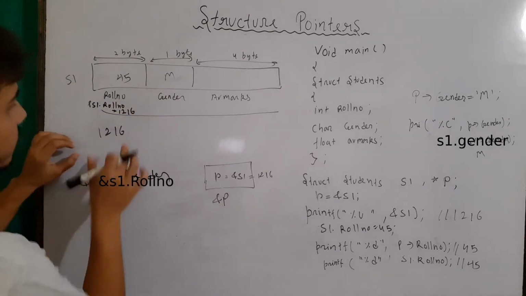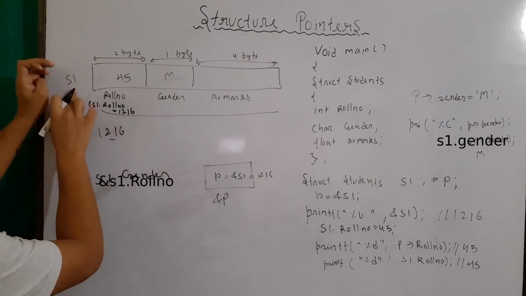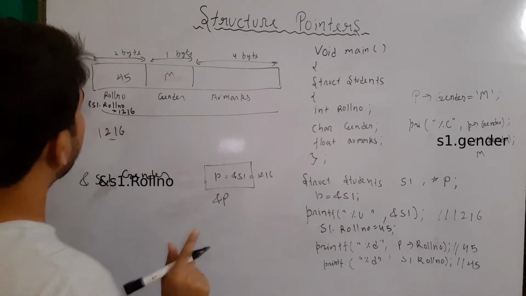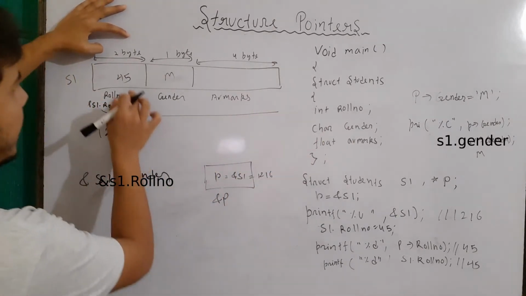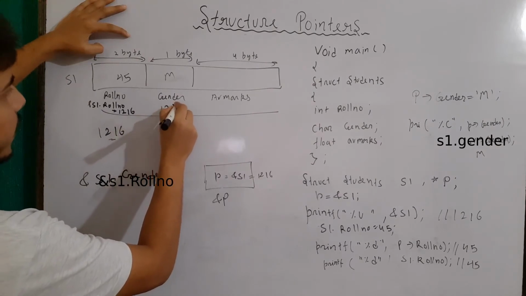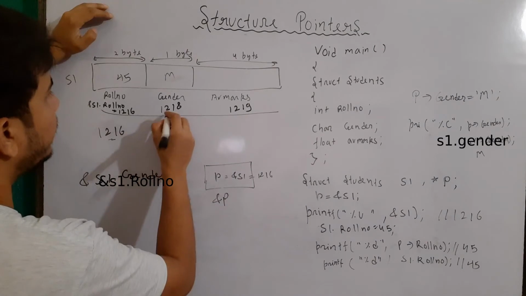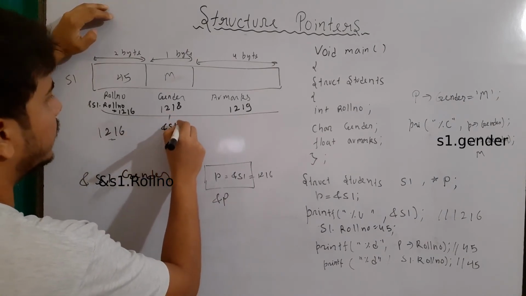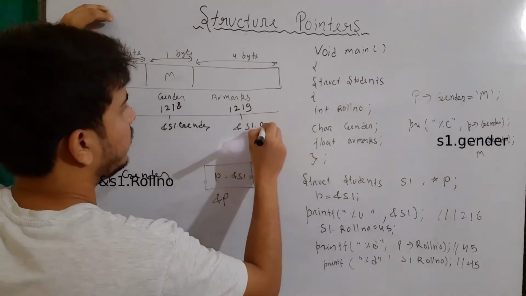Remember that the address of our structure variable and the address of the first element of our structure variable are the same. Then it is taking 2 bytes, considering a 16-bit compiler, so this will be 1218 and this will be 1219. Basically this is &S1.gender and this is &S1.average marks.